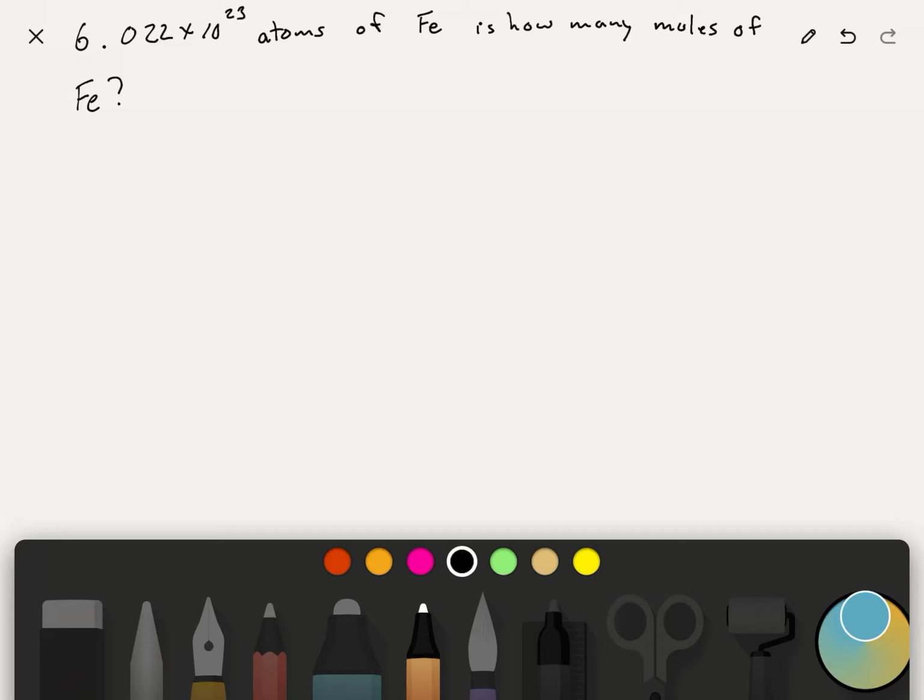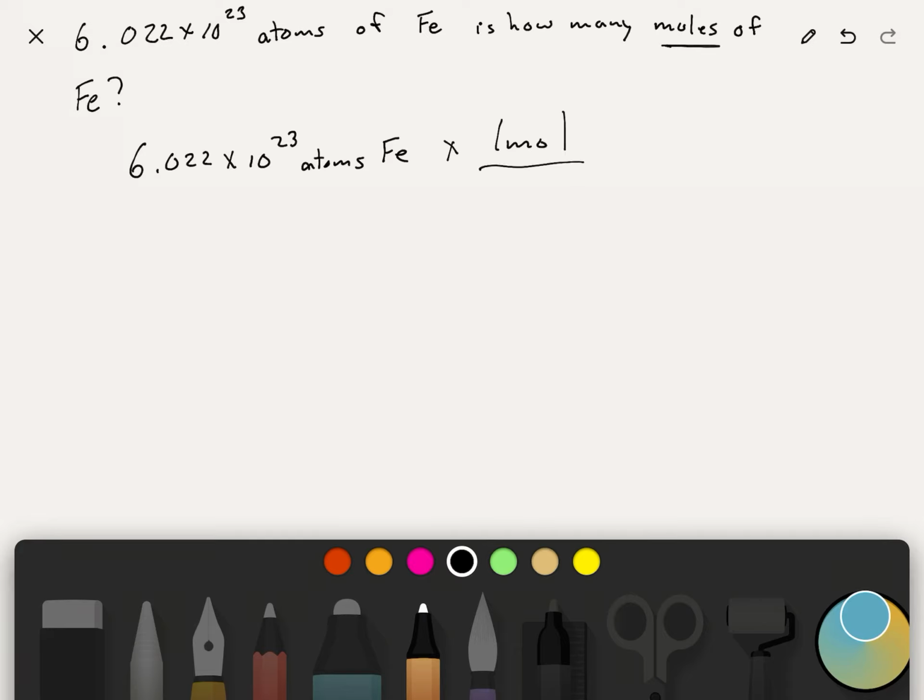Looking at the next question, we have 6.022 times 10 to the 23rd atoms of iron. How many moles of iron do we have? So this time, I made this one pretty simple. 6.022 times 10 to the 23rd atoms of iron.